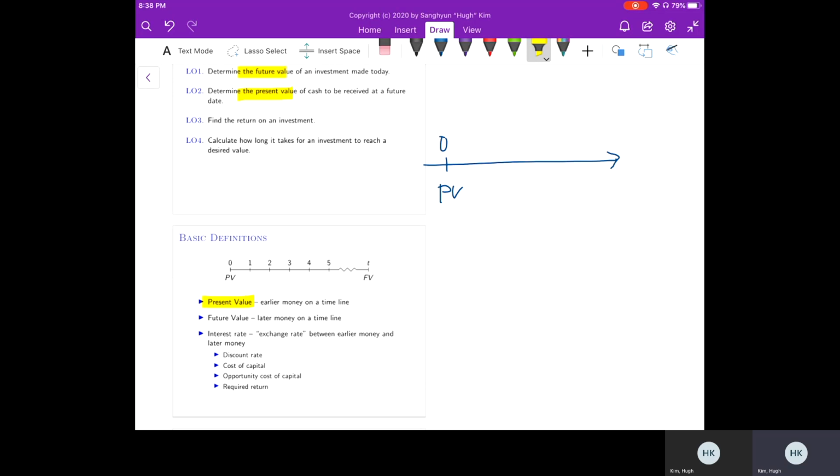And future value is later money on the timeline. Let's say at time t. Let's say you may have $100 today or $100 at a later date, time t.